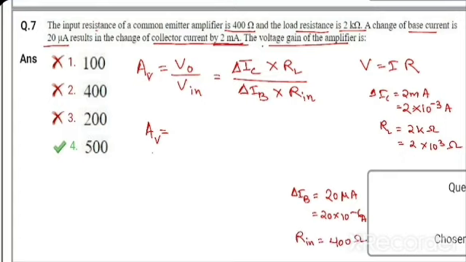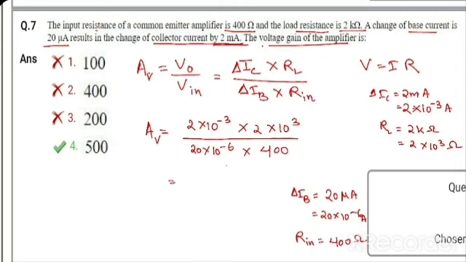So by putting all these values, delta IC 2 into 10 to the power minus 3, RL value 2 into 10 to the power 3, divided by delta IB 20 into 10 to the power minus 6 into input resistance 400.